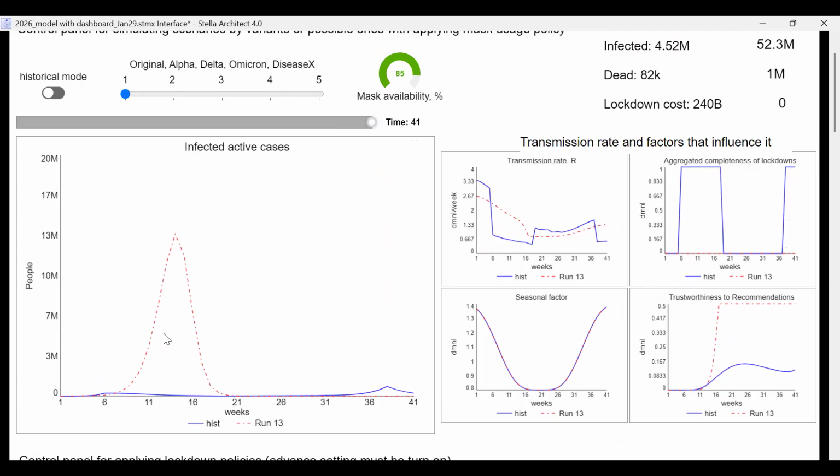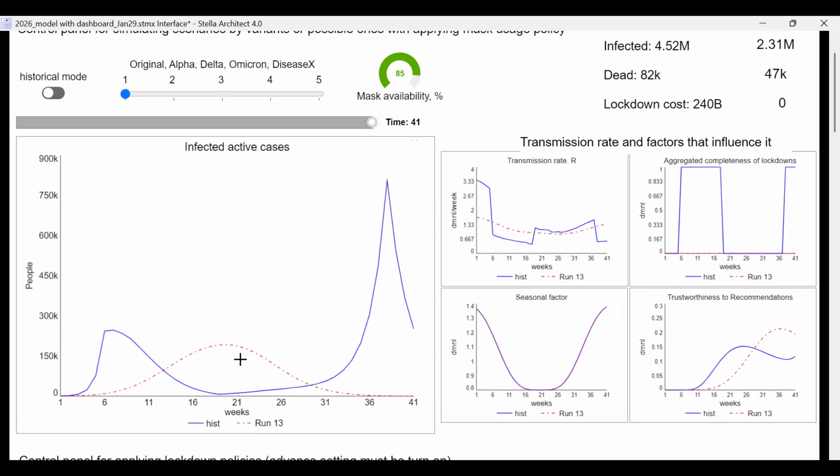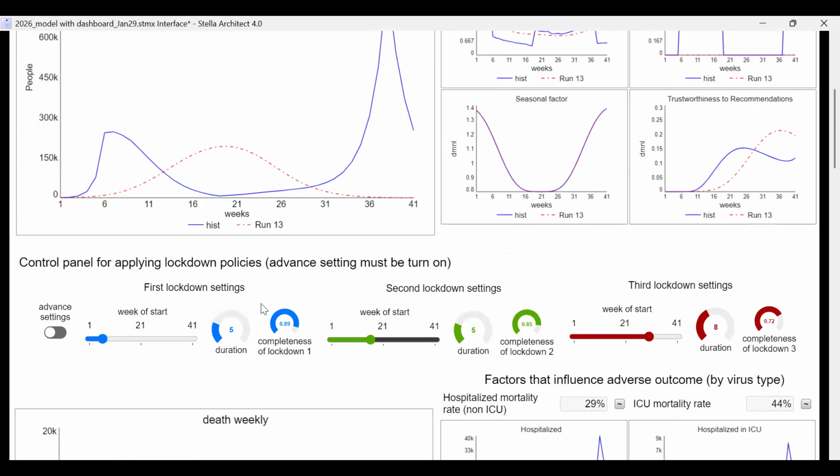We see already that the graph shows quite a different outcome. The number of infected people grows slower than in the real historical COVID-19 case, which is replicated by the blue chart. At the same time, we can check transmission rate. Transmission rate is sometimes 1.5 times less than it was in real life. So it's the first policy.